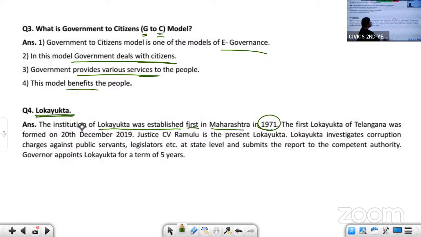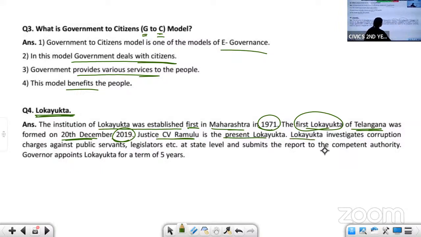I'm talking about Telangana state. Telangana state was formed in 2014, and the first Lok Ayukt was formed in 2019 on 20th December. Justice C.V. Ramlu is the present Lok Ayukt.